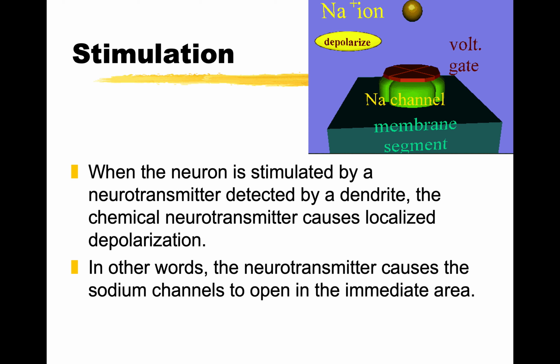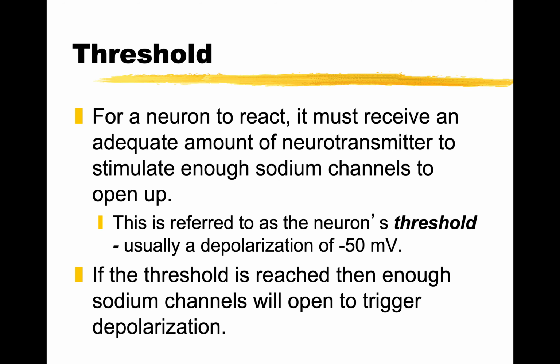In other words, the neurotransmitter causes the sodium channels to open in the immediate area. For a neuron to react, it must receive an adequate amount of neurotransmitter to stimulate enough sodium channels to open up. This is referred to as a neuron's threshold, usually a depolarization to negative 50 millivolts.